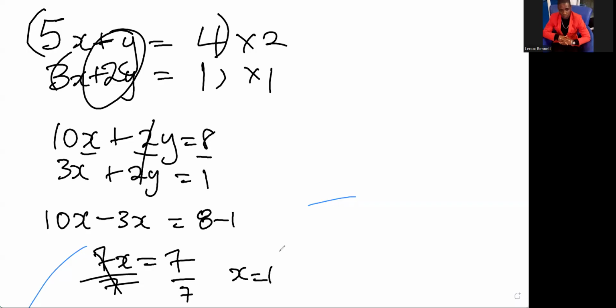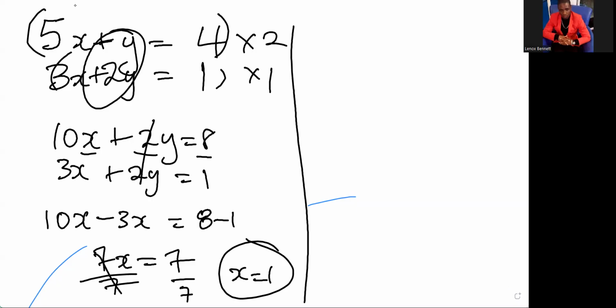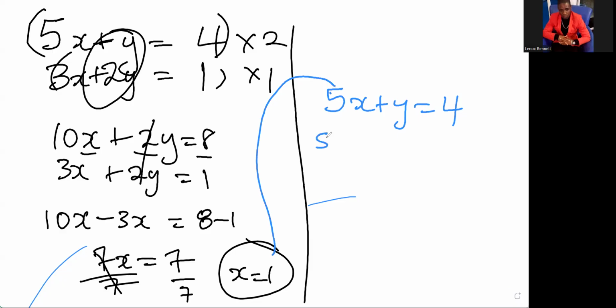x equals 1. We're going to take equation 1, so 5x plus y equals 4. We know that the value of x is 1, so anywhere we say x, you're going to replace it with 1.